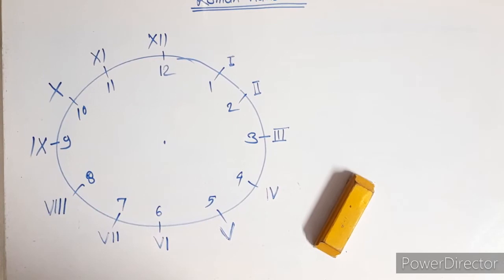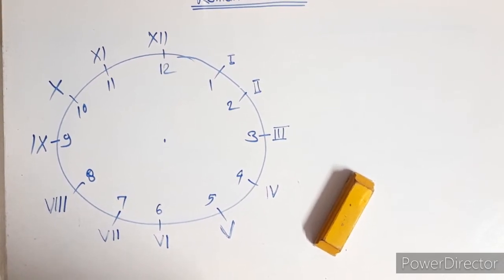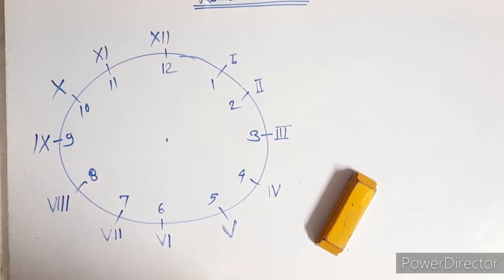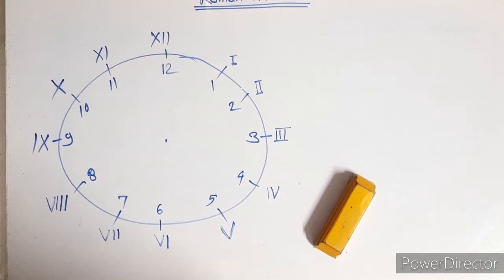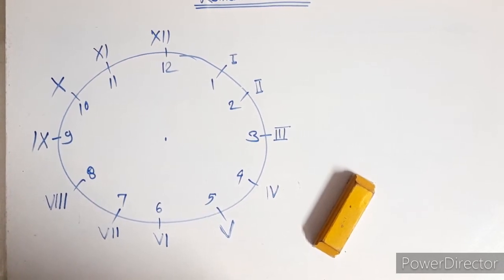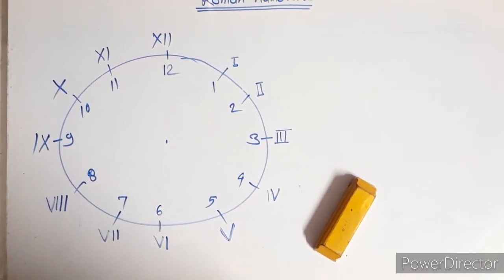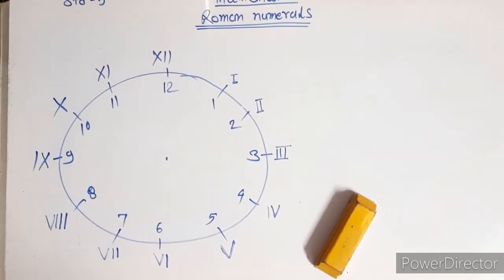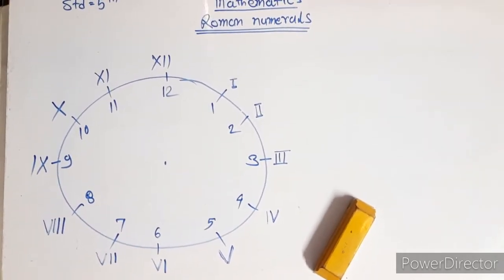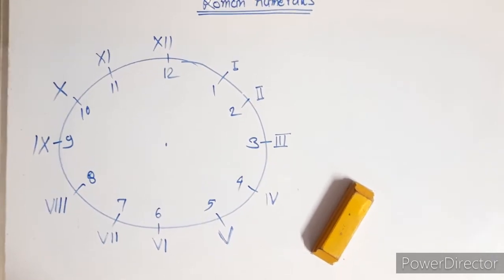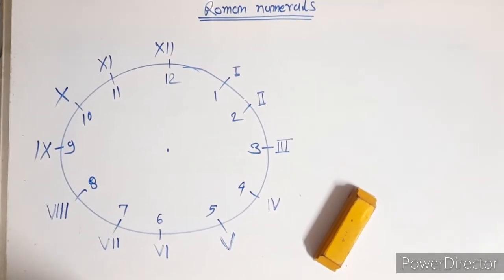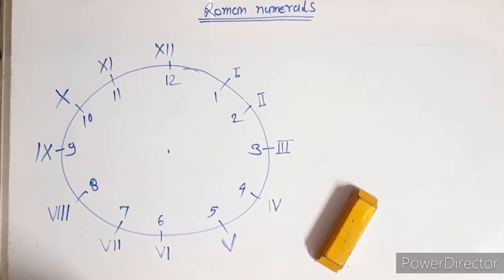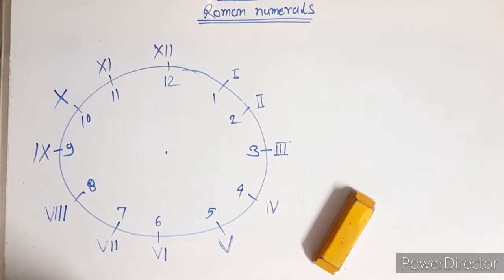Student, you know, it is a simple situation. For example, we use I, V and X, only 3 letters in this diagram.